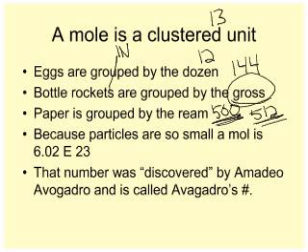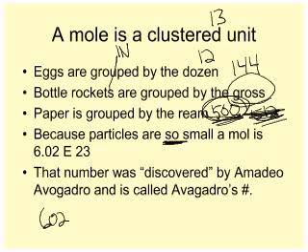Now, because paper is smaller, we use a bigger number when we count them, 500 or 512, which really is going to be 500. So these particles are so small. Remember, atoms are so unbelievably small, we can't really ever see them without microscopes that make things so small I barely believe it's there. So they're so small that a mole is 6.02 times 10 to the 23rd.